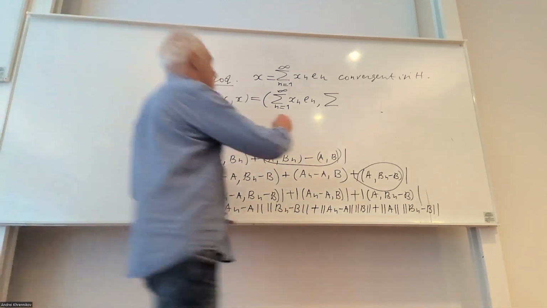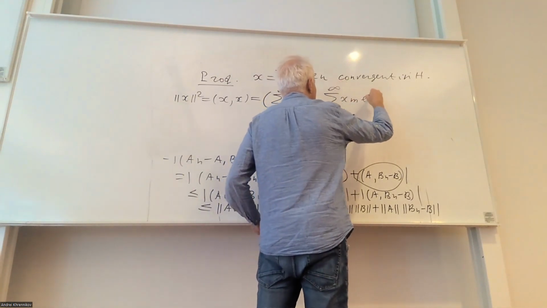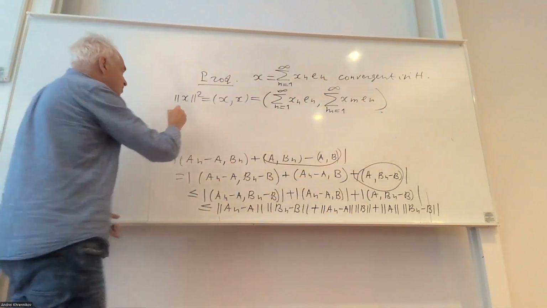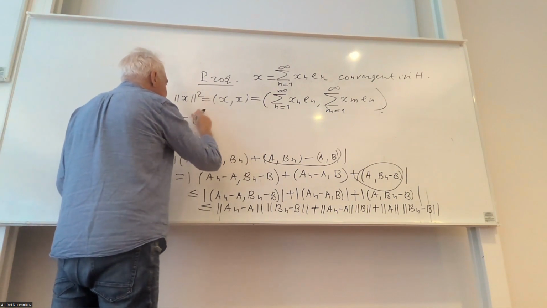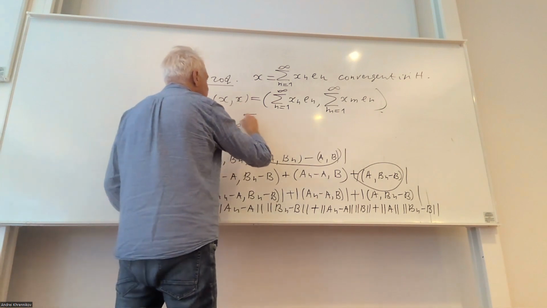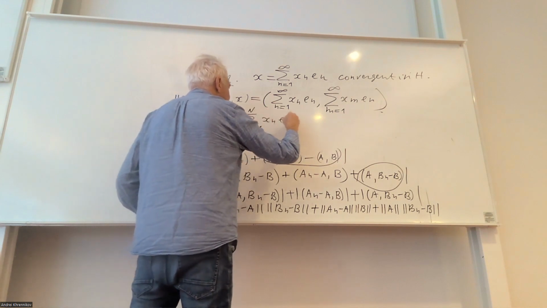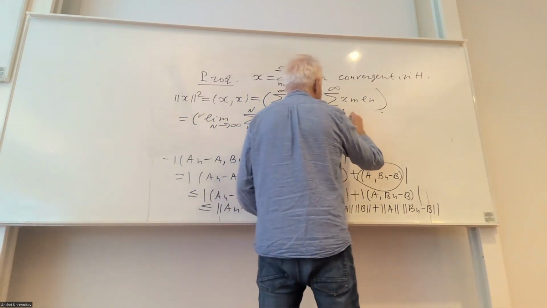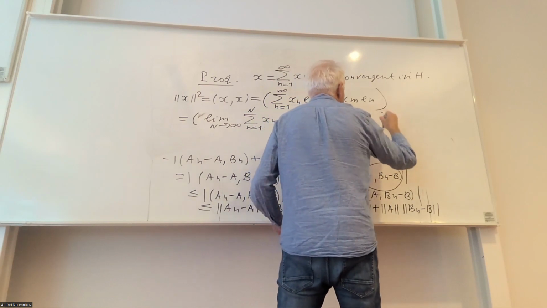Here I use m. Now, what is the sum of a series? It is the limit as n goes to infinity of the partial sum of xn en, and here is also the limit as n goes to infinity of the partial sum from m equals 1 to n of xm em.